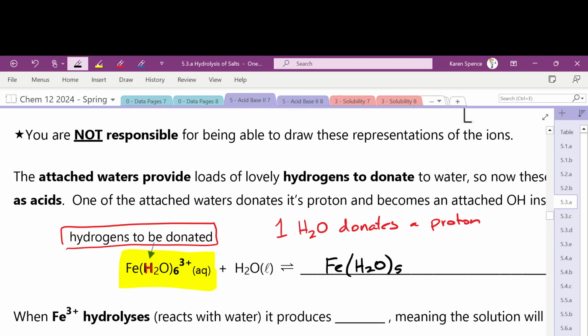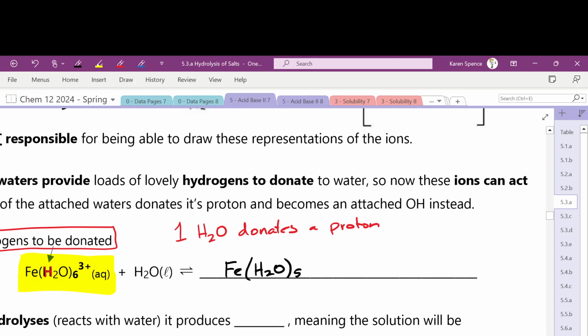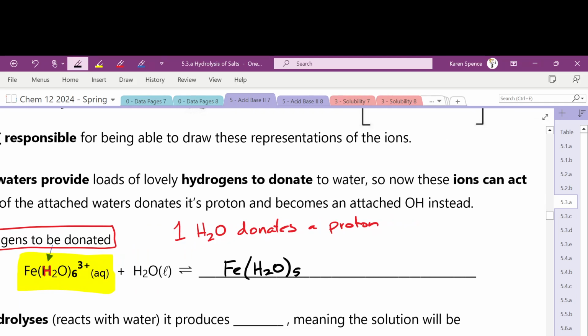H2O 5. And if water donates a proton, what does it become? If H2O donates a proton, it becomes OH minus. So that means we're going to have an OH.